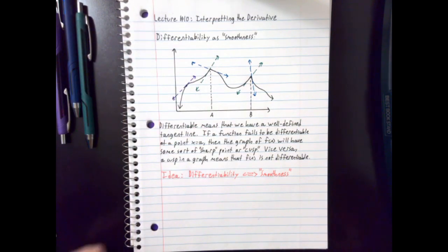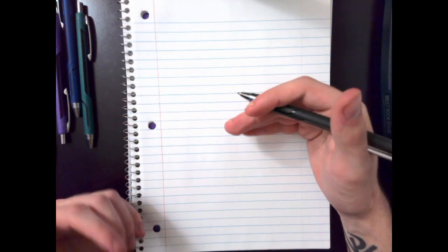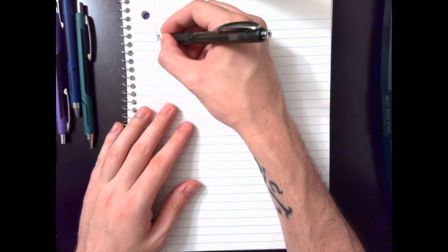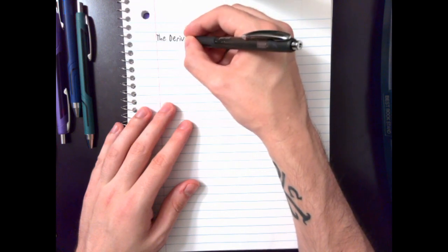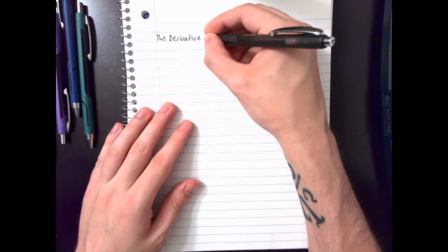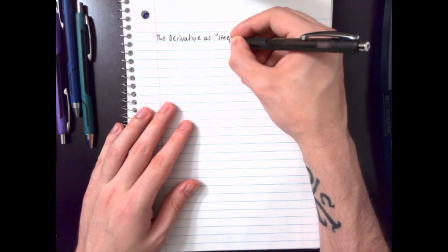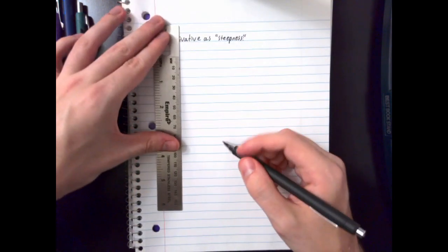The next thing that I want to talk about, and I don't actually have room for it on this page, is, so we've measured smoothness with the derivative. We can also measure steepness. So the derivative as steepness. And here again, we'll go ahead and get a coordinate axis.